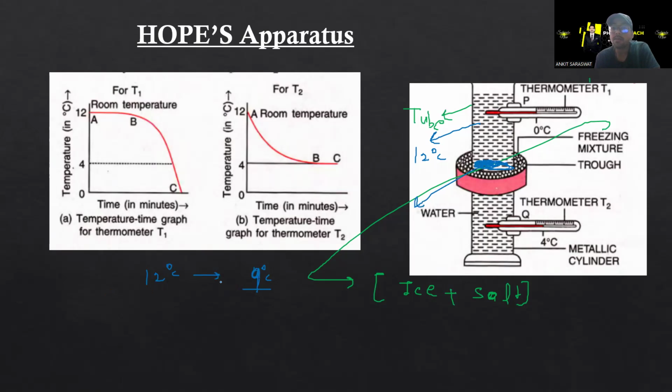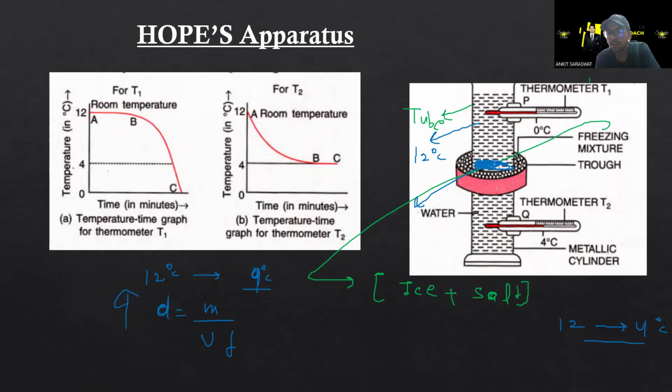Then there is no anomalous expansion. The same thing: if you decrease temperature, liquid contracts, volume decreases, and density increases. So from 12 to 4 degrees Celsius, the same pattern is going to happen.